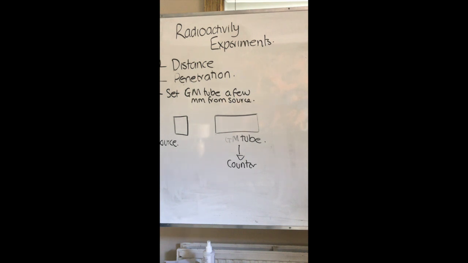Okay, what happens? All you need to do for this one is put some different types of absorbers in there. And the three absorbers that they want you to know are paper, number one, and alpha is absorbed by paper. So if you've got your source and you've got paper in there, let's say we started off with 1,000 becquerels and we've put a piece of paper in there, and our Geiger counter now reads 250 becquerels.